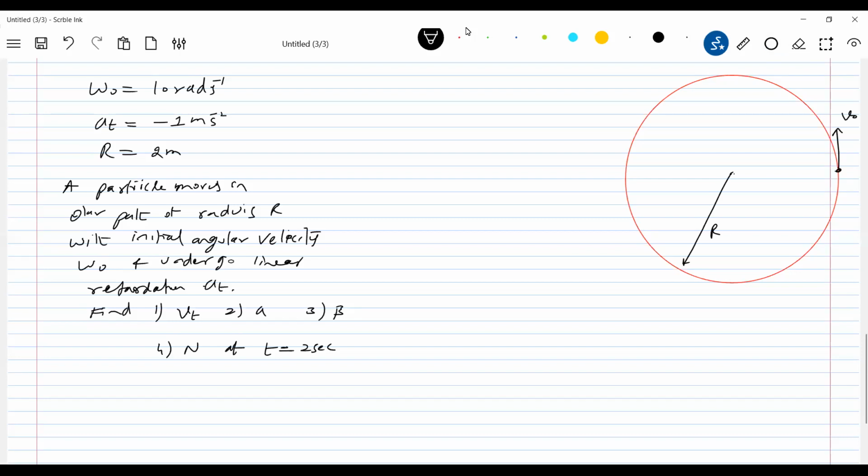Retardation means it should act opposite to this one. So this will be a_t. Put like this. Then what will happen to the speed of the particle? It continuously decreases. This is at t equal to 0.